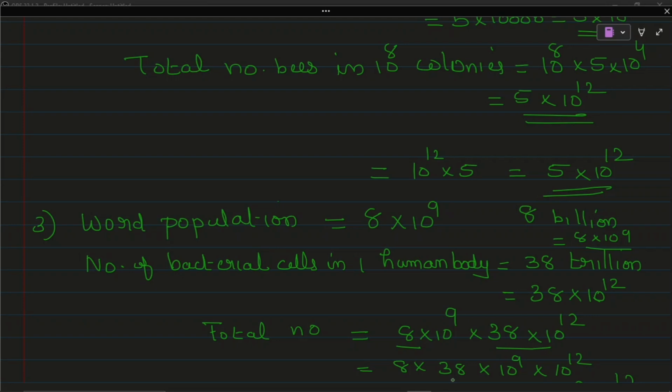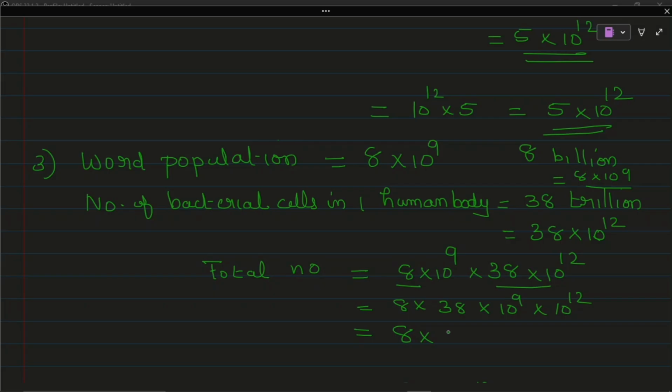So 8 into 38, then 10 raised to 9 multiplied with 10 raised to 12. And I write 38 as 3.8 multiplied with 10 raised to 1, I have written in scientific notation. 3.8 into 10, that is 38. Then 10 raised to 9 multiplied with 10 raised to 12.